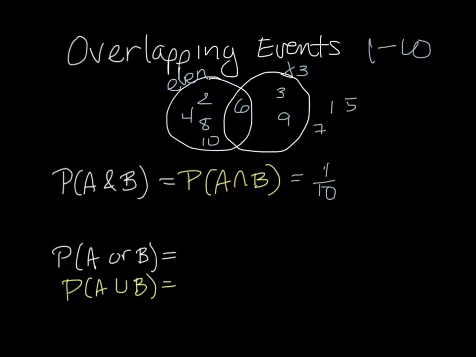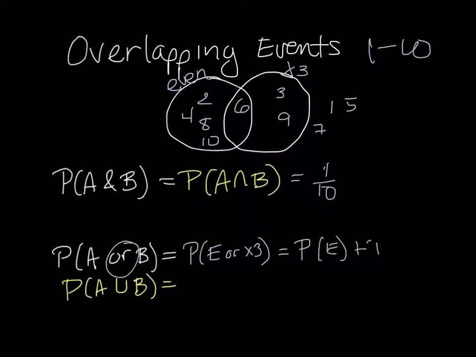Now if we look at the probability of A or B, what's the probability it's even or a multiple of 3? Just like before, it says or, so I'm going to add the probability it's even plus the probability it's a multiple of 3. But I have a problem.